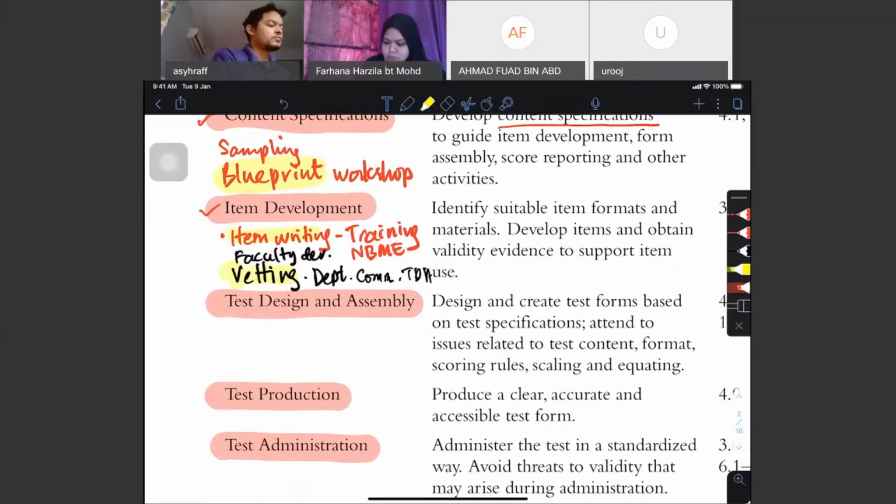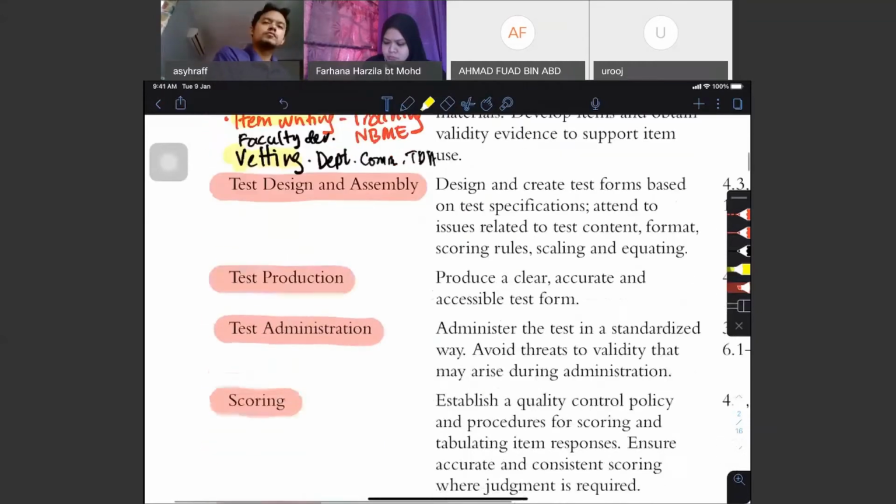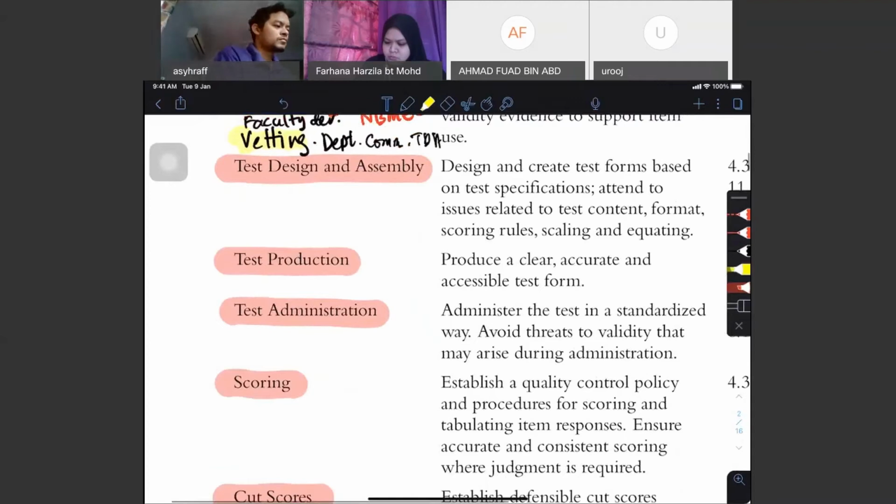Okay. And test design and assembly. Ideally, new questions need to be tested. In this step also, based on test specifications, again based on the blueprints, how many questions we need for this kind of exam, and things like that.